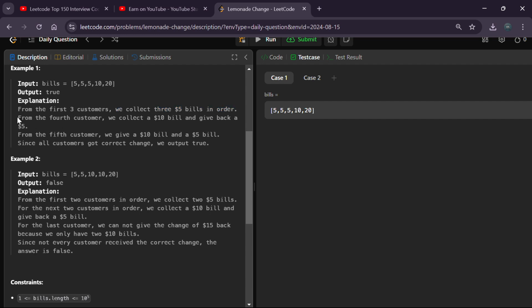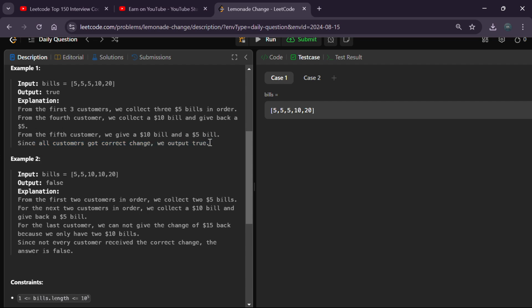From the fourth customer, we collect a $10 bill and give him back a $5 bill. That's what we have to do. From the fifth customer, we give a $10 bill and a $5 bill. Since all customers got correct change, we output true.